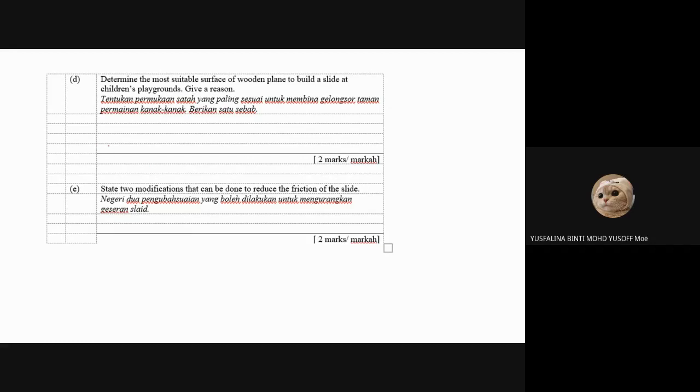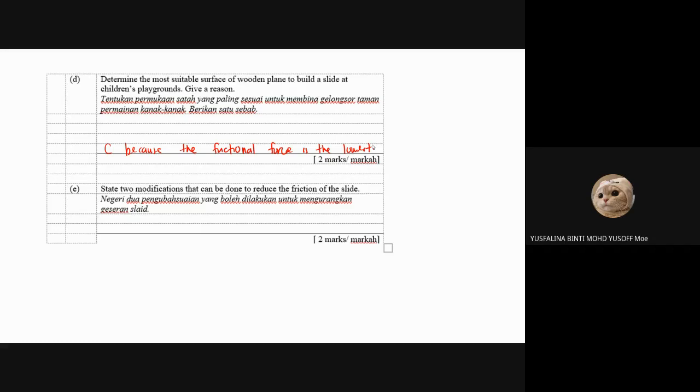So you just put here C because the frictional force is the lowest. So the answer is C.